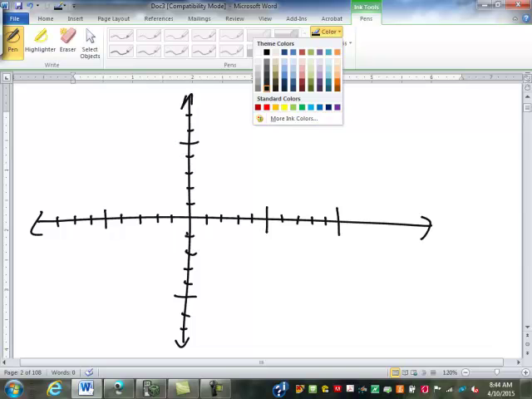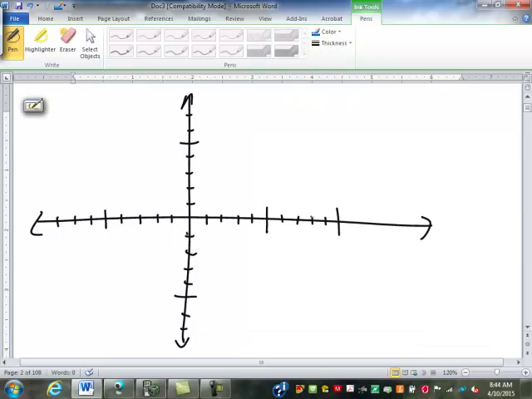So let's say I put in a point here. Right there. What would the coordinate of that point, or the ordered pair of that point, be? 8 and 3. Perfect. The 8 goes first because it's on this horizontal or independent axis. And then 3 is the vertical axis.